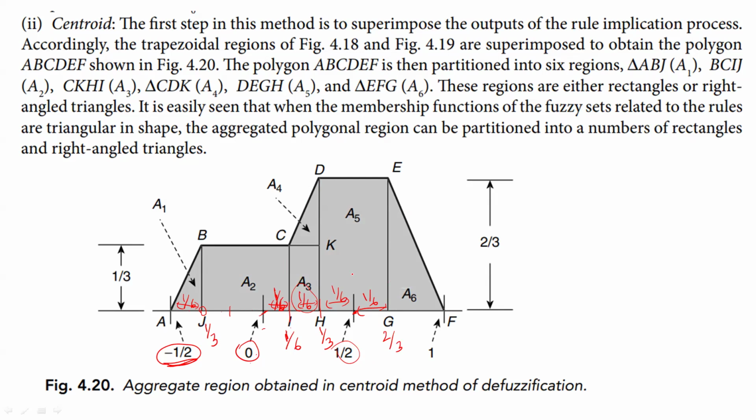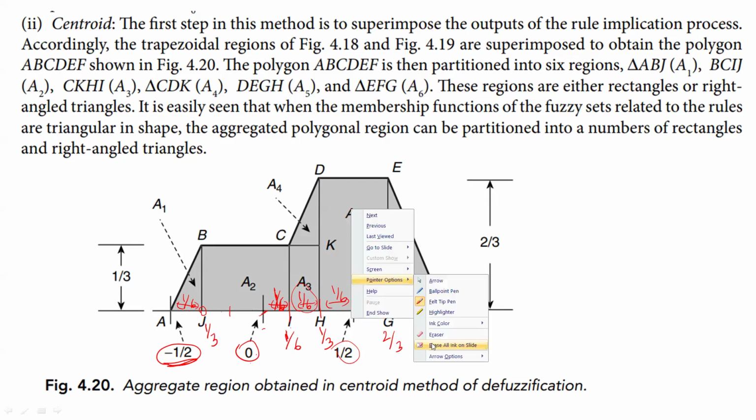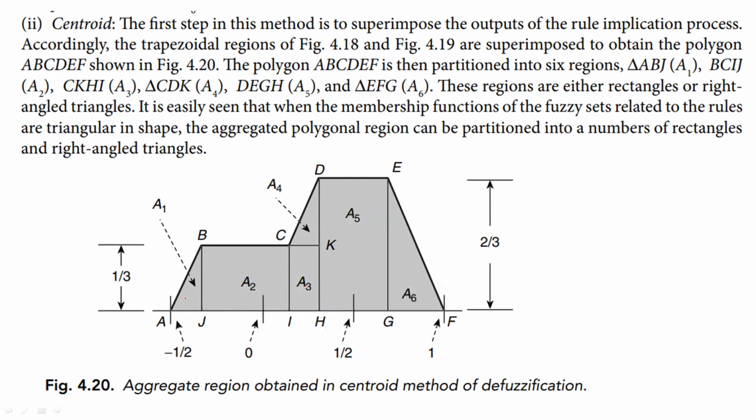Okay, so let me just write it once again. The space between this and this is 1 by 6. This is 1 by 6, 1 by 6, 1 by 6, and 1 by 6. So the points here will be, negative, because it's on the negative side, negative 1 by 3, negative 1 by 6, H will be 1 by 3.